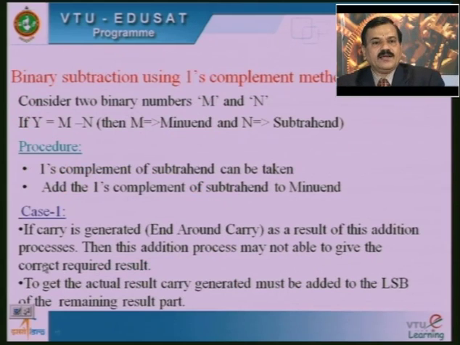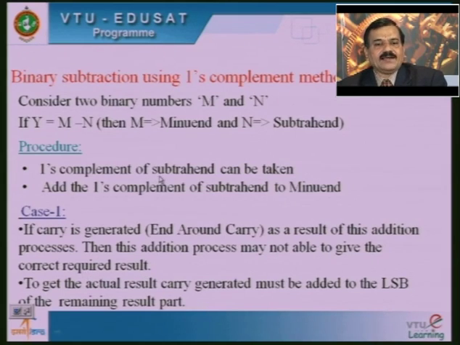In case 1, when we add the 1's complement of the subtrahend to the minuend, if a carry is generated, that carry we are going to call end around carry. As a result of this addition process, it may not give the correct required result.